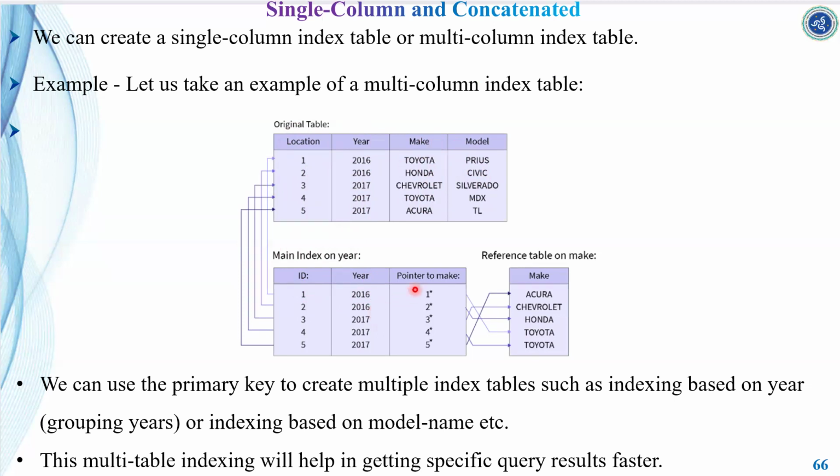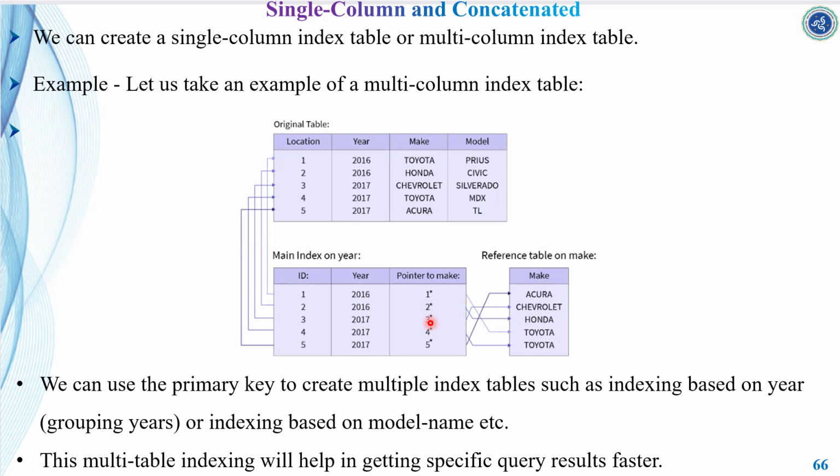We have a pointer for each record. This pointer points to the Toyota record, which is the make value, the second points to the Honda record, and the third likewise. So there is a pointer corresponding to the data field.